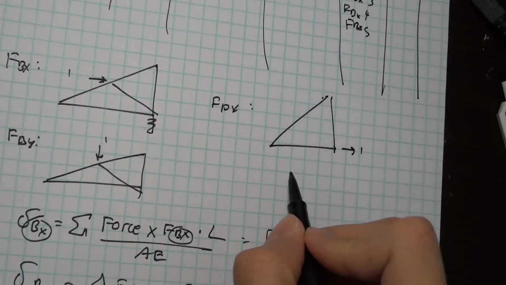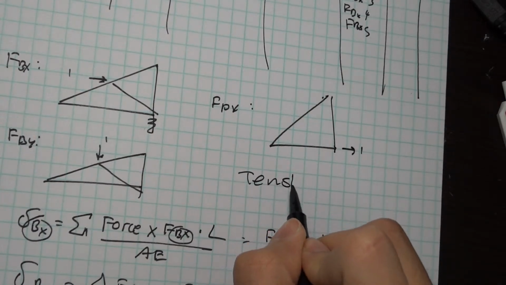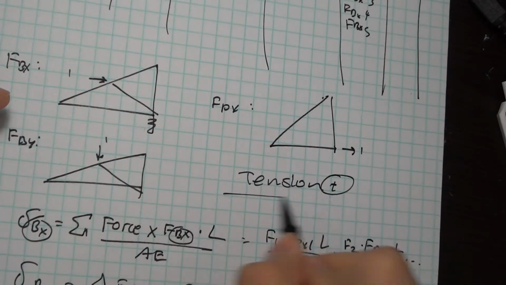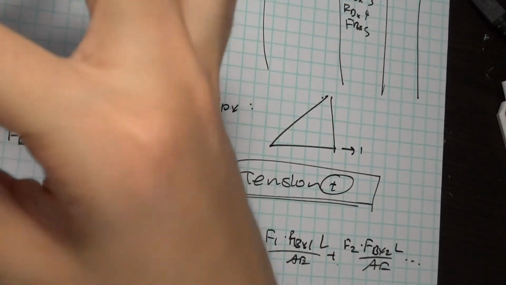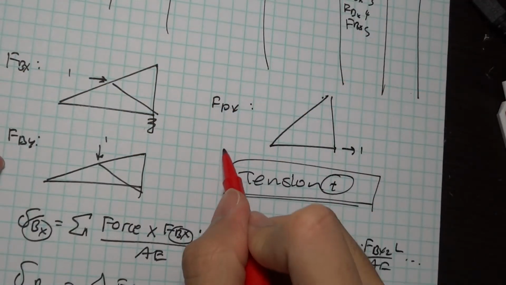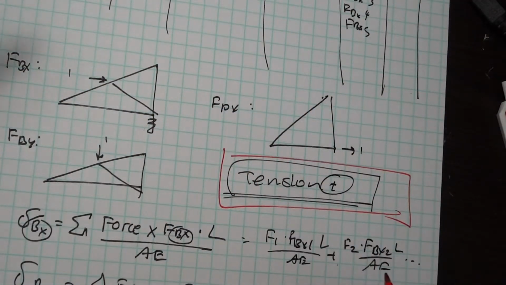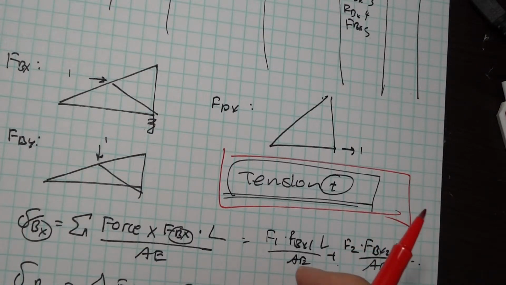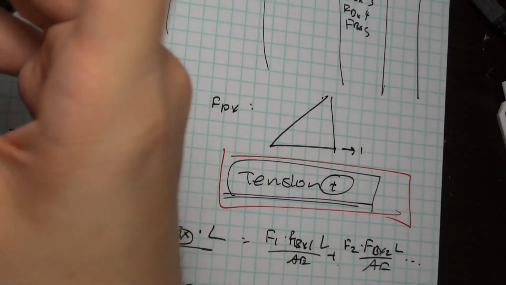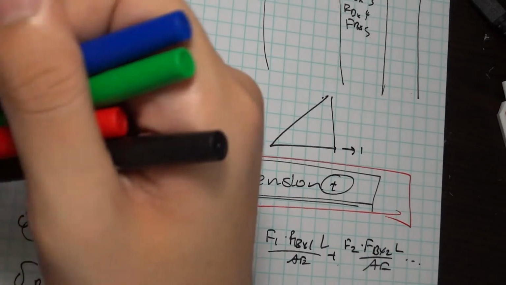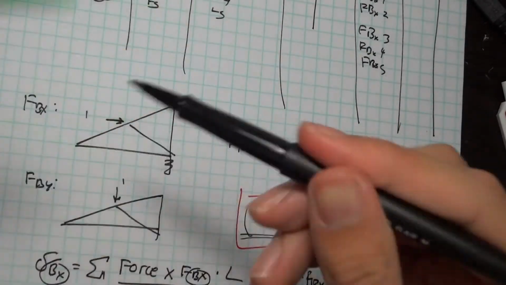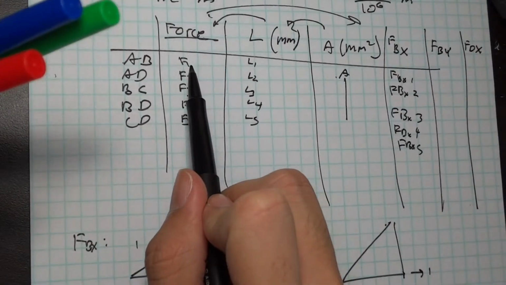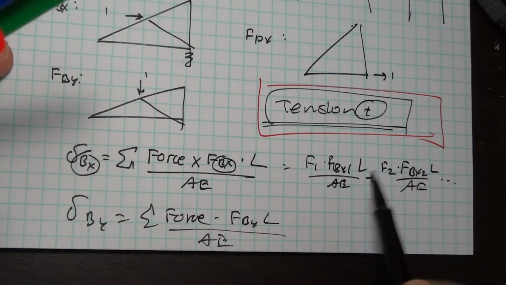Make tension positive. Let's use the mind-searing red color. Make tension positive. In all my videos, I think you just look for whatever's highlighted in red, and that should be what's most important. Make tension positive. If you get a negative here and a negative here, the negative will cancel out, right? And it'll be positive.